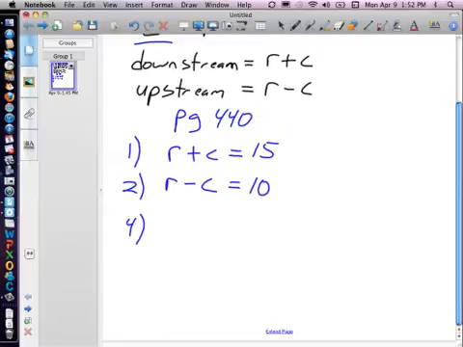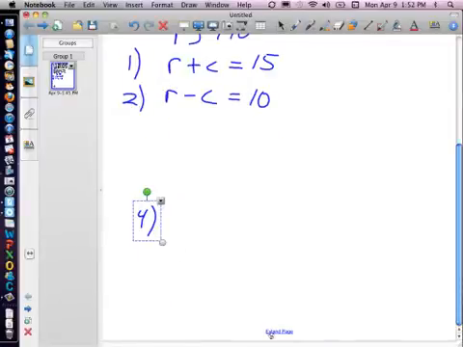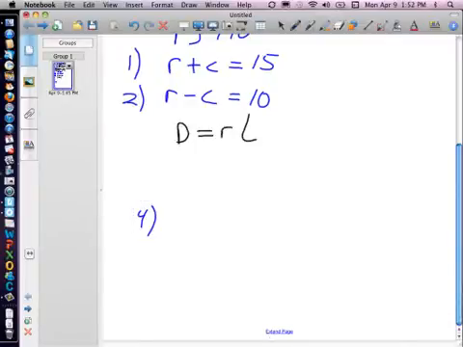The rowboat takes 2 hours to go 20 kilometers upstream. So now we're talking about more than just rate. We're talking about time and distance. We have to remember from earlier in the year, and maybe even before this year, the formula distance equals rate times time. To write an equation that expresses number 4, we use that formula.